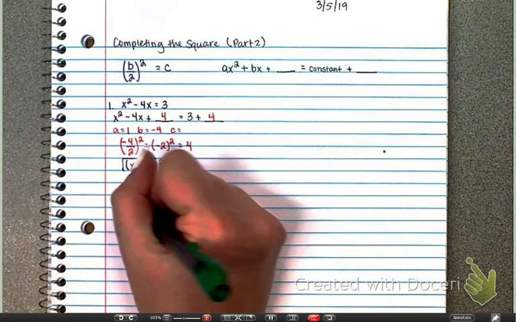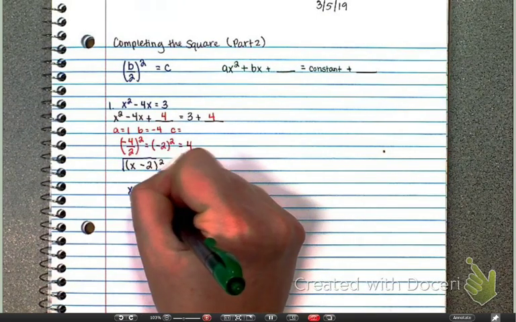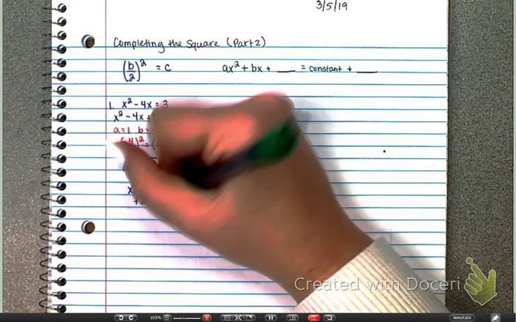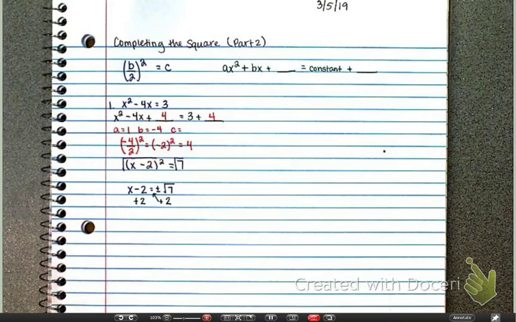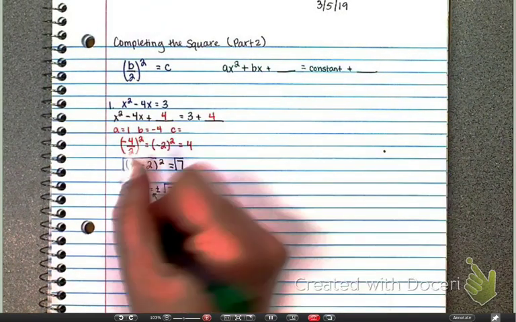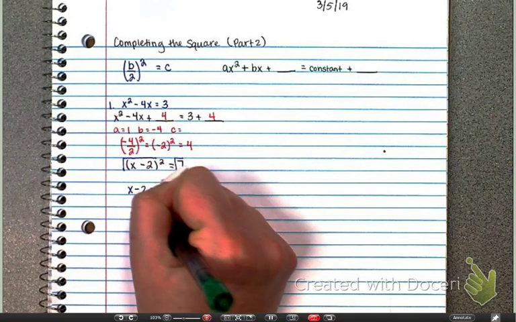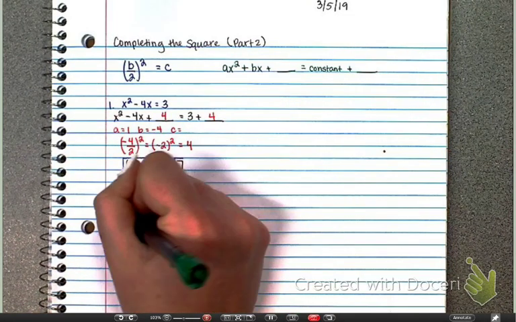So let's add 2 to both sides. Can I combine 2 and that square root of 7? So where does 2 go? In front of the plus or minus. So your final answer is x equals 2 plus or minus the square root of 7.